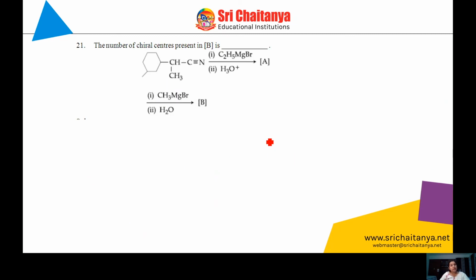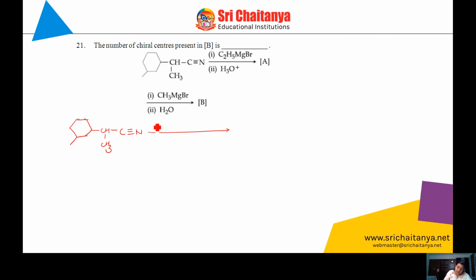The number of chiral centers present in B is. First, let us draw what this B is. Then we'll think about the chiral centers. Now, the given molecule is a cyano compound, C triple bond N, and this is a very important reaction given in NCERT.